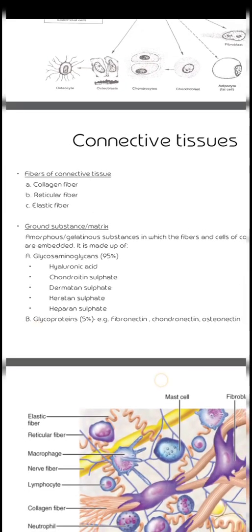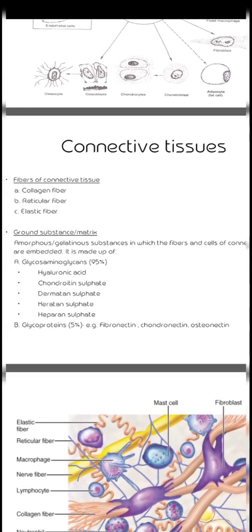Okay, so as I told you earlier, connective tissue contains intercellular substance and extracellular matrix. That extracellular matrix contains different fibers and amorphous ground substance.